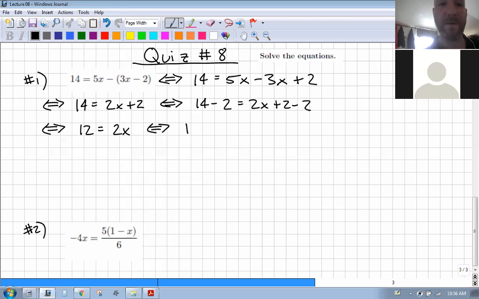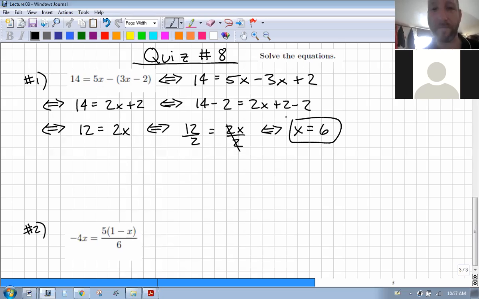Now let's divide both sides by 2. And x is 12 over 2, which is 6. The biggest mistake I see most people making is not distributing the minus here. A negative 2 is a positive 2. Any questions about this one?